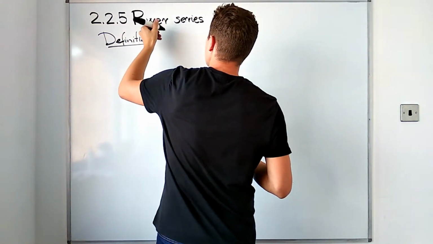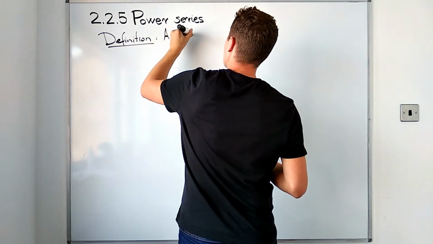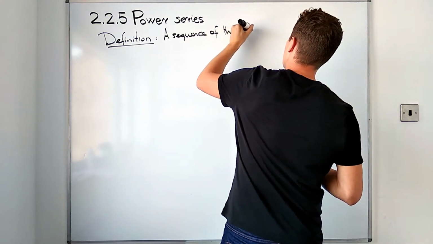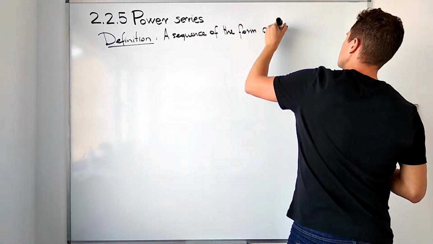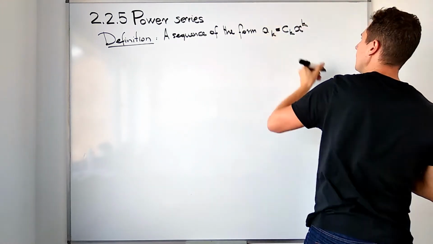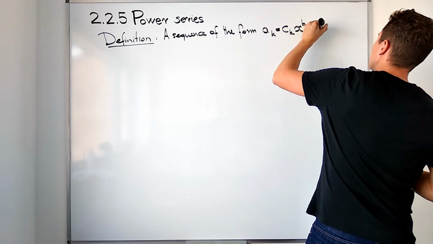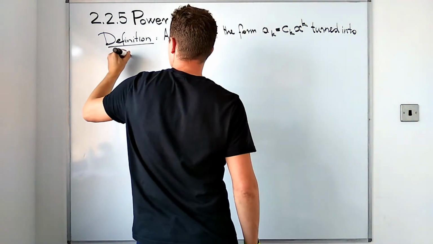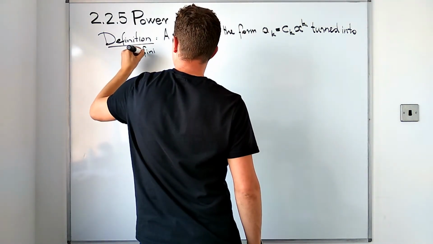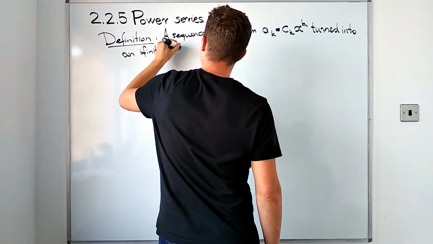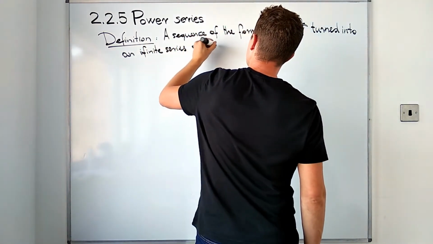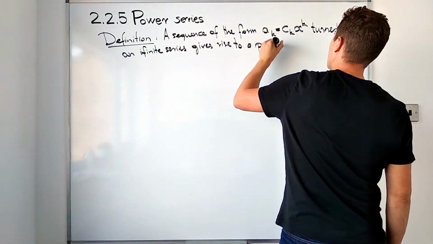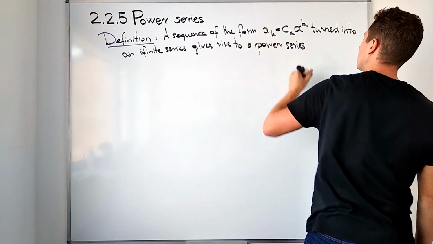So the definition is that a sequence of the form a_k equals c_k times x to the power k, turned into an infinite series, gives rise to what's called a power series of the following form.